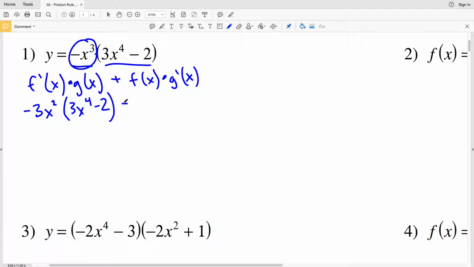Now that will get added to f of x, which is negative x cubed, times the derivative of g of x, which when we subtract 2, that's a constant, so that will go to 0. So we just need to take the derivative of 3x to the fourth, which will be 3 times 4 times x to the 4 minus 1.